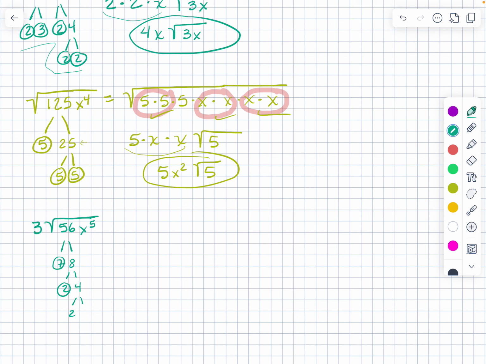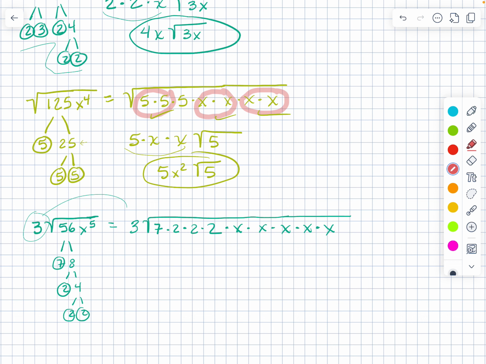And then we're left with 2 times 2 here. Both primes. So now we're going to rewrite this. Don't forget this 3 over here. I'm going to bring that over. And we're going to rewrite this as 7 times 2 times 2 times 2 and times x times x times x times x times x.